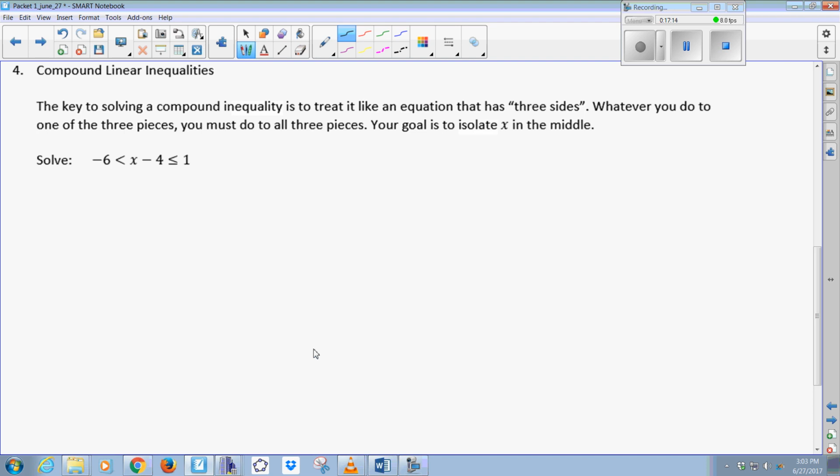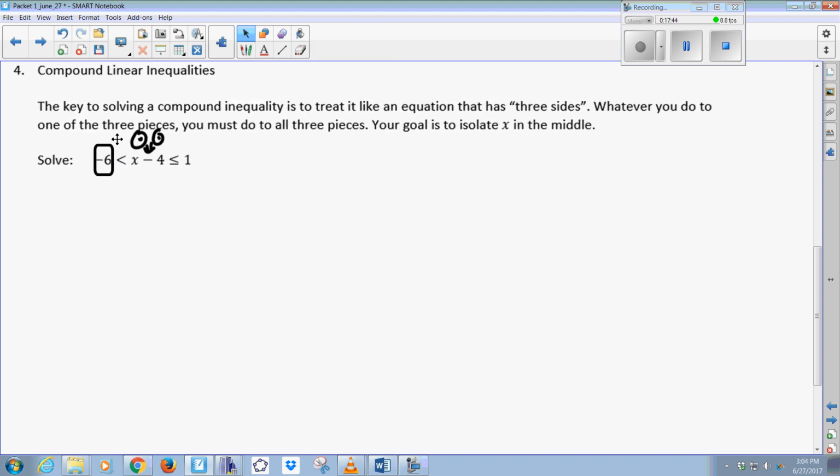So right now, if you look at the middle, you think of that as x minus 4. We have x minus 4, and we want x all by itself in the middle.